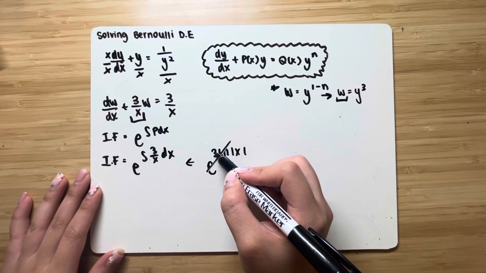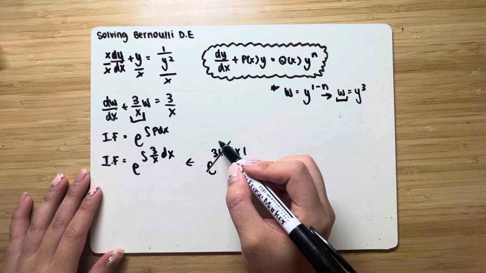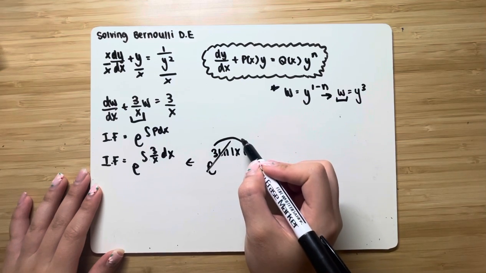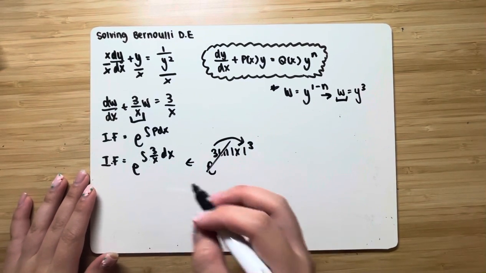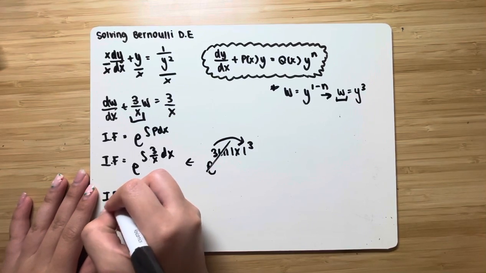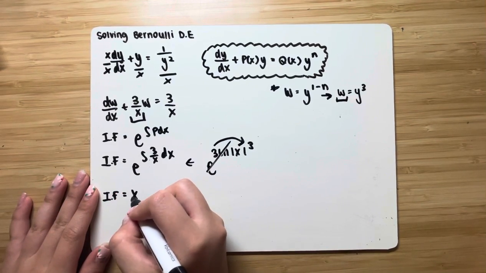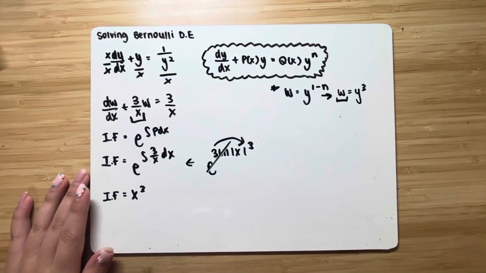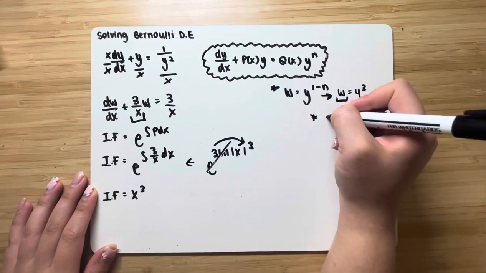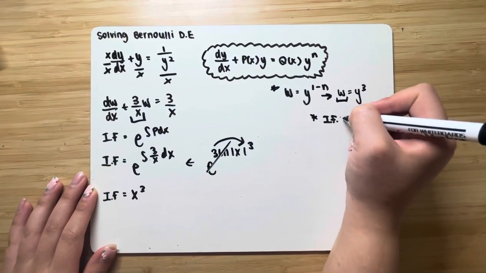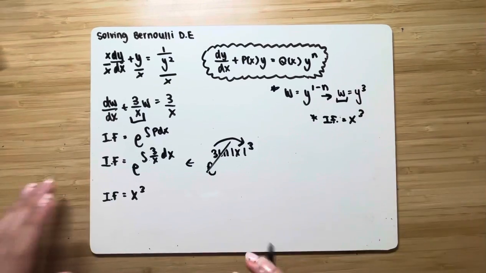And then with this value, you're going to bring it to here and make it a power. So you're left with the integrating factor equaling x cubed. Let's make a note of that. IF equals x cubed.